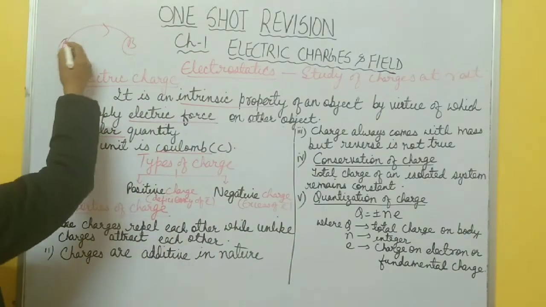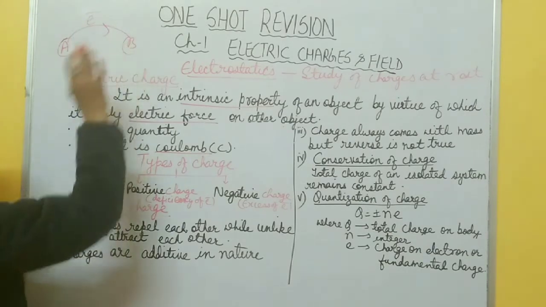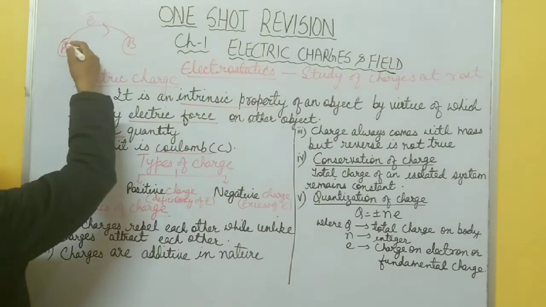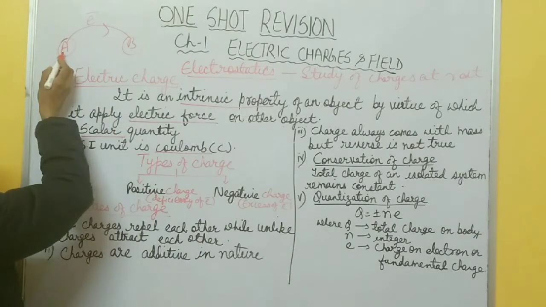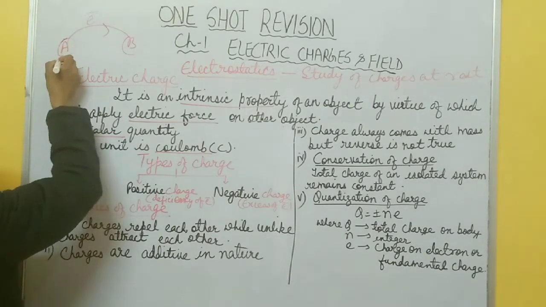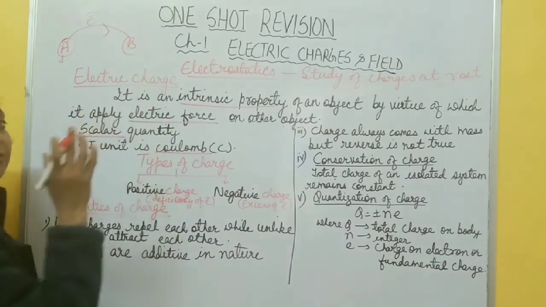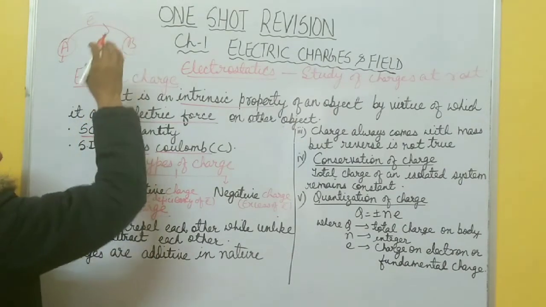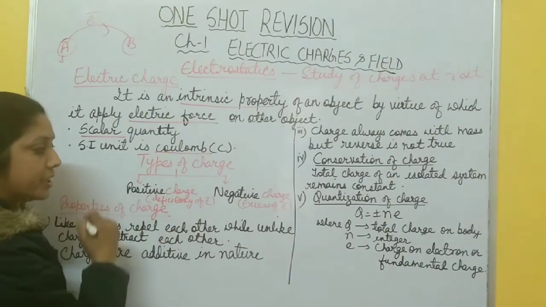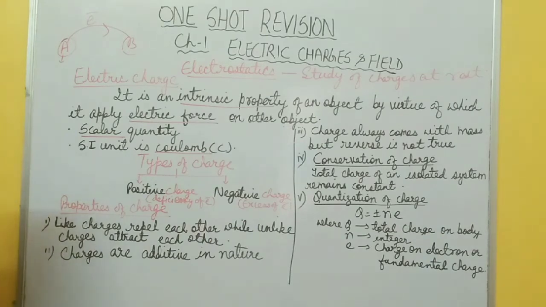Suppose there are two bodies and electrons transfer from body A to body B. In body A, some electrons are transferred away, so it has more positive charge, and it becomes a positively charged body. Body B has more negative charge, so it becomes a negatively charged body. So positive charge is deficiency of electrons and negative charge is excess of electrons, right?